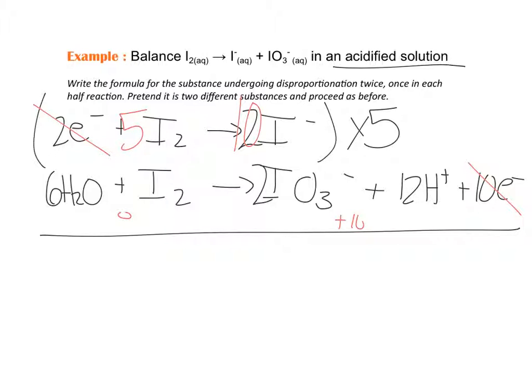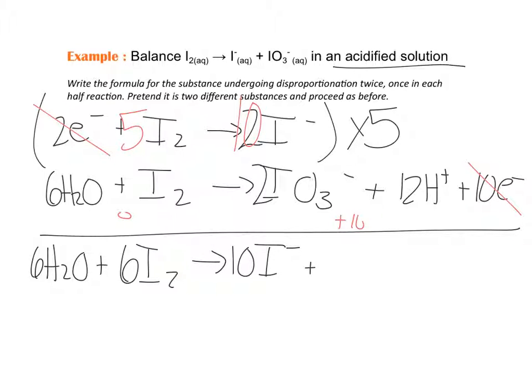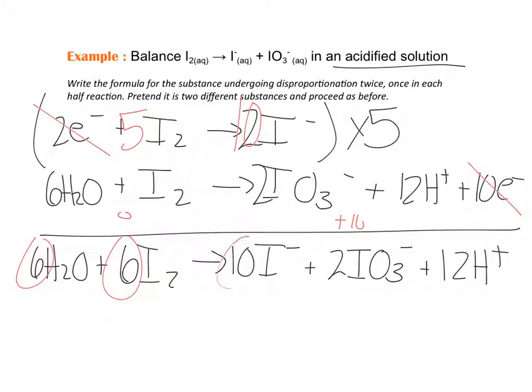So when we add it up, we get 6 H2Os and we get 6 I2s because we had 5 from our first reaction and 1 from our second reaction, and they're both reactants. We're going to make 10 I minus and 2 IO3 minus and 12 H plus. Now all of these could be reduced by 2.